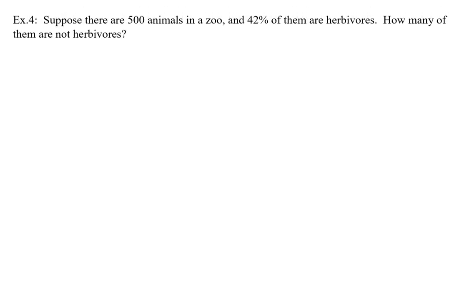So for example 4, and this is our final example for 4.3, suppose there are 500 animals in a zoo, and 42% of them are herbivores. How many of them are not herbivores? Similar to our male-female example with example 3, you're going to take the 500, find 42% of them, and those will be your herbivores. So for the herbivores, I'm just going to say herb and not herb.